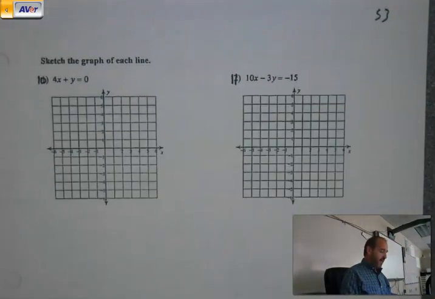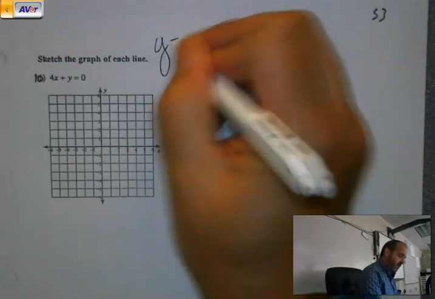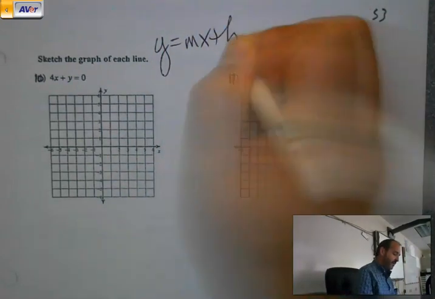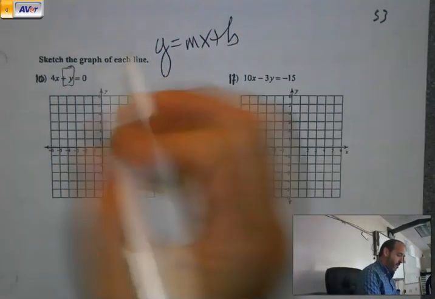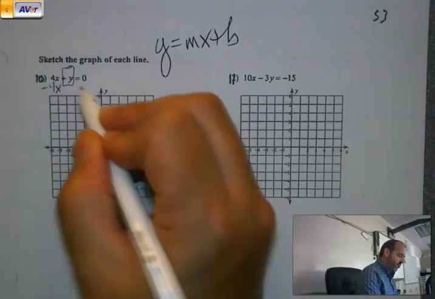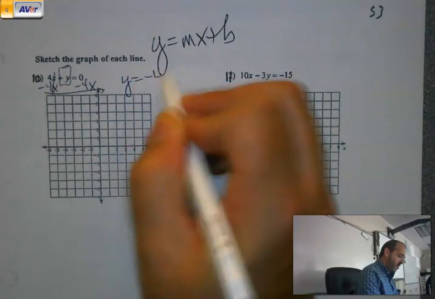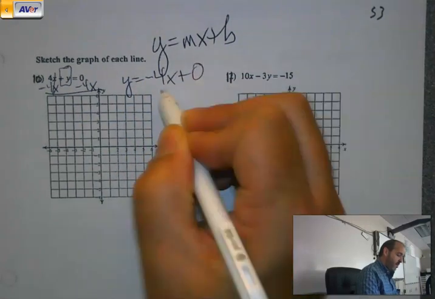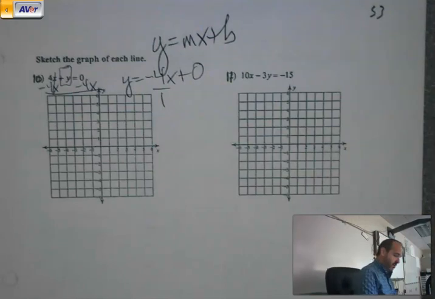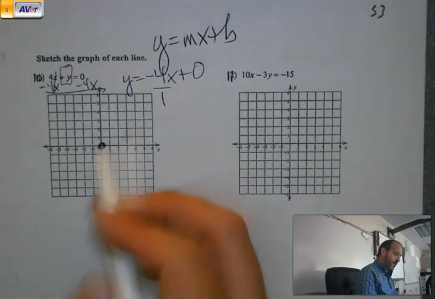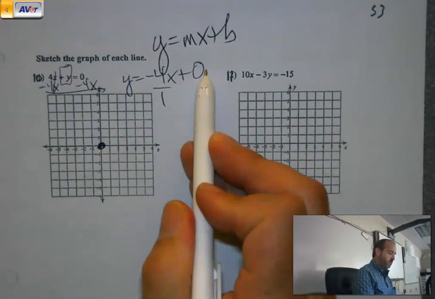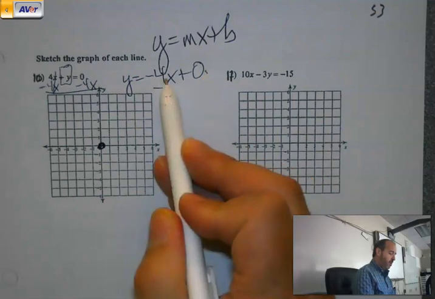Last part, sketch the graph of the line. Slope-intercept form, people. Slope-intercept form. Undo whatever is there. Slope is always a fraction. There is my y-intercept. Down 4.